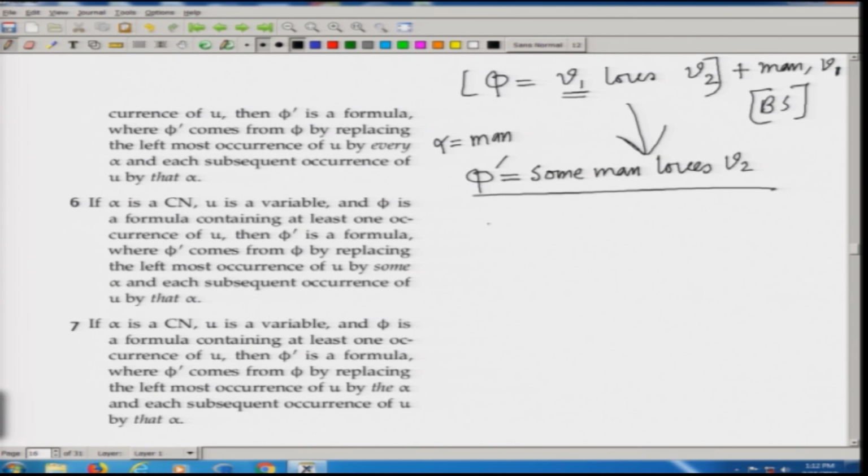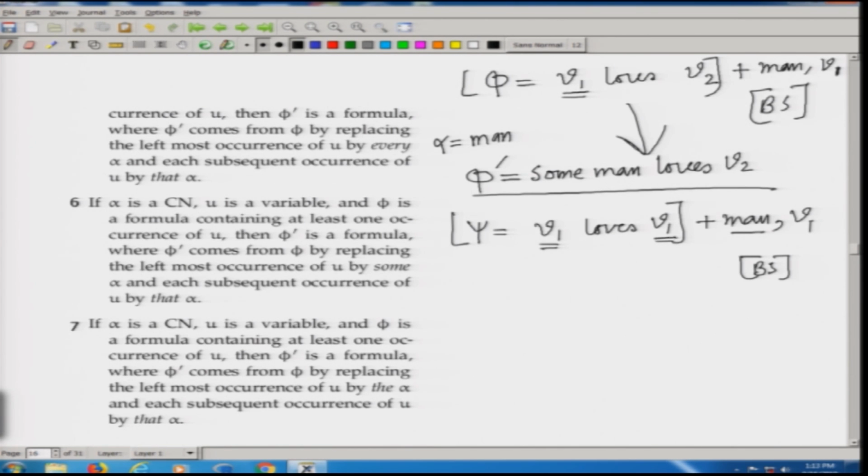Now what if we get xi, for example, and xi is, suppose, V1 loves V1, and then we add once again man, same thing, man and V1, that is with respect to V1. Now you see the first occurrence, that is this one, will be replaced by some man, because we are using the same rule B5. This is the leftmost, the first one, which is to be replaced by man.